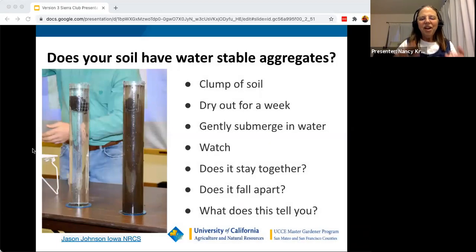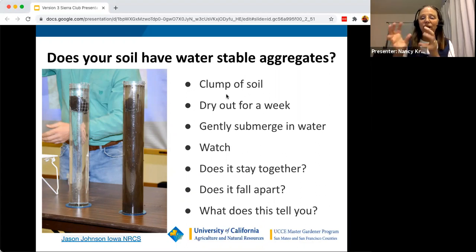So another thing that you can do to check out how your soil is doing is to see whether your soil has been built with soil life by testing for what we call water stable aggregates. So how do you know if it has water stable aggregates? Well, you can try this procedure here.